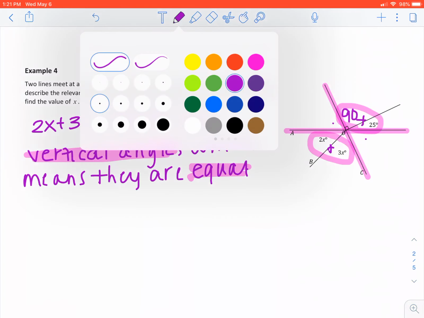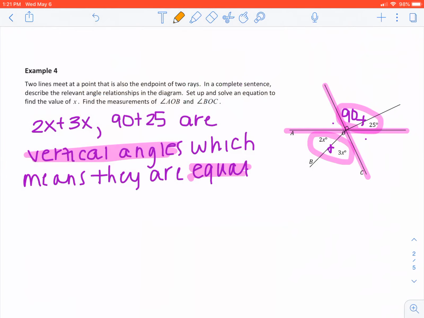So let's write our sentence, or our equation. All right, so we know that 2x plus 3x, that's one of the angles. I add those two together. That's the ones on the bottom. They're vertical, so they're equal to the other side, which is 90 plus 25. Now, if I add this up, 2x plus 3x gives us 5x. 90 plus 25, I'm going to pick up my calculator. 90 plus 25 gives us 115.